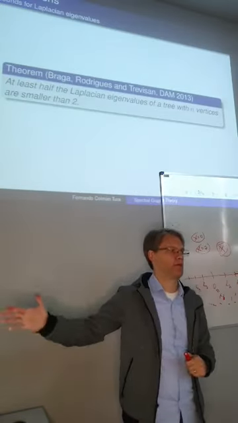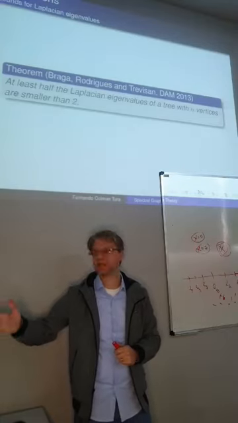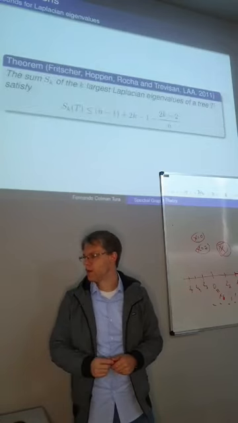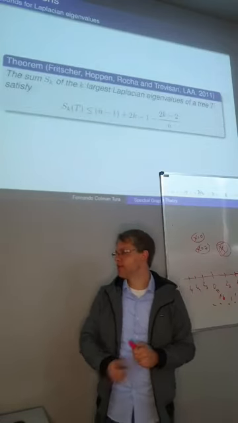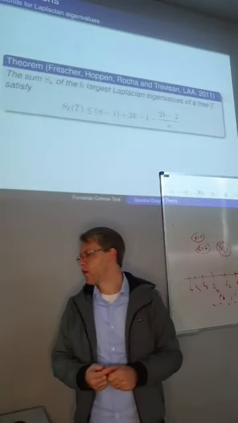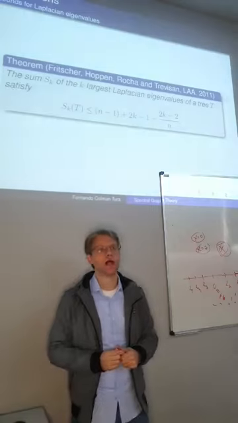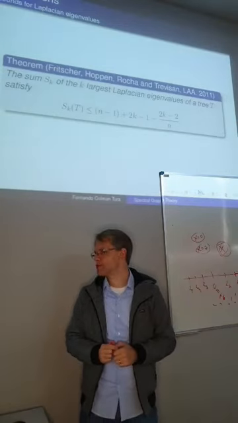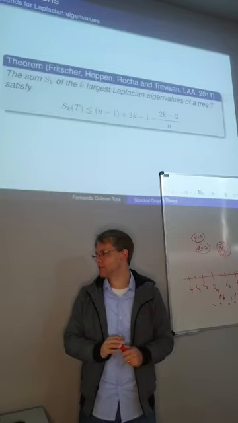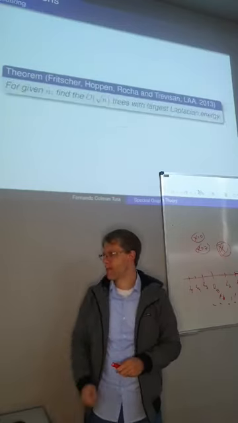This is a theoretical result they proved using the diagonalized algorithm in trees. Before that, they used this algorithm for obtaining the sum of the k largest Laplacian eigenvalues of a tree, by Fritscher, Hoppen, Rocha and Teresa, in Linear Algebra and its Applications.